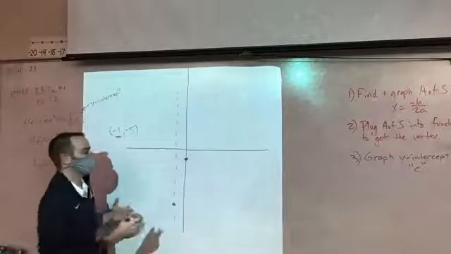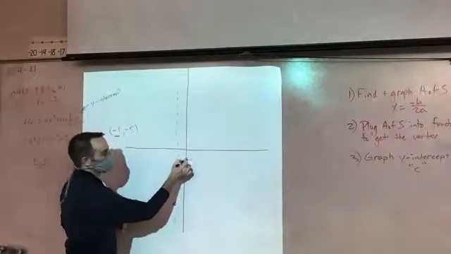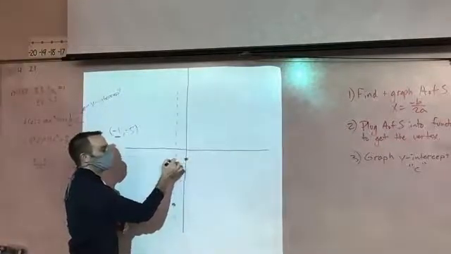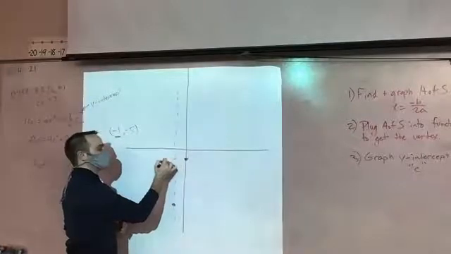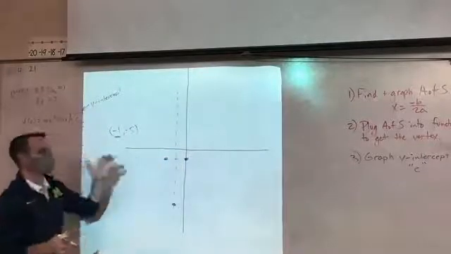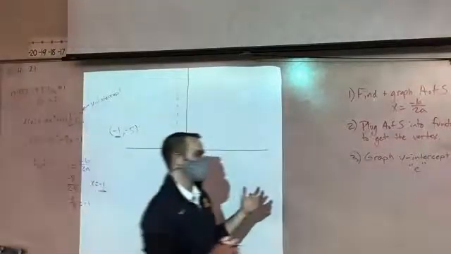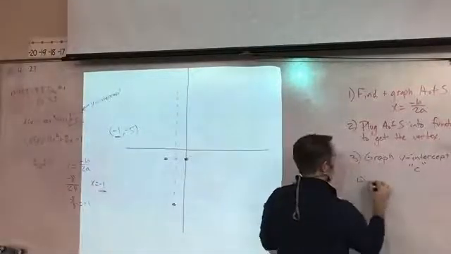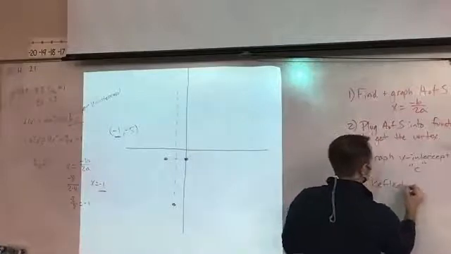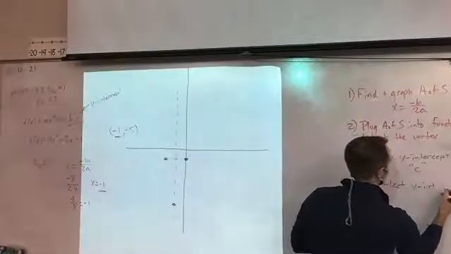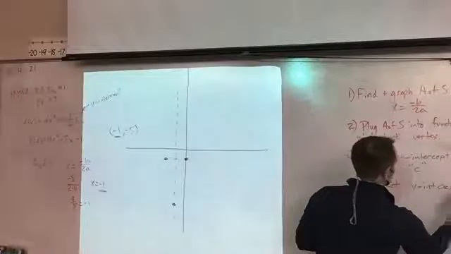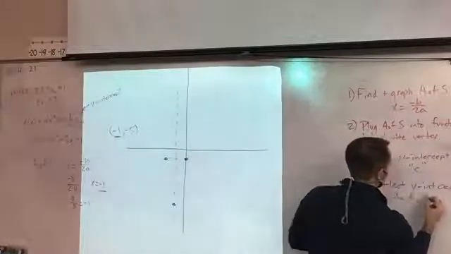Right? Because it is symmetrical. So I'm going to take this, I'm going to go, all right, this is 1 away from the axis of symmetry. I'm going 1 away on the other side. So we are just reflecting it over to the other side. So we are going to reflect the y-intercept across the axis of symmetry.